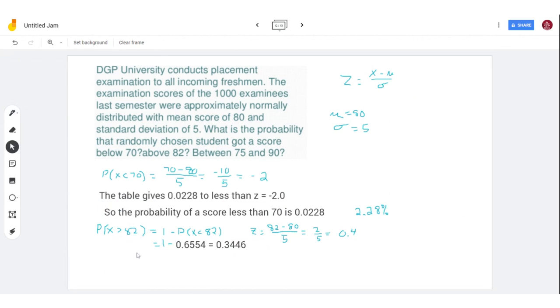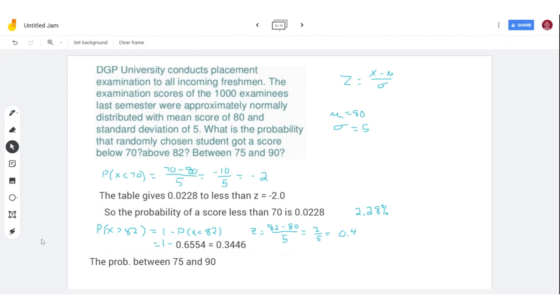You have to do it by hand. All right, so we got to do 2 z-scores.